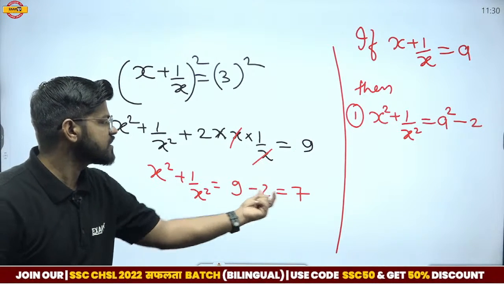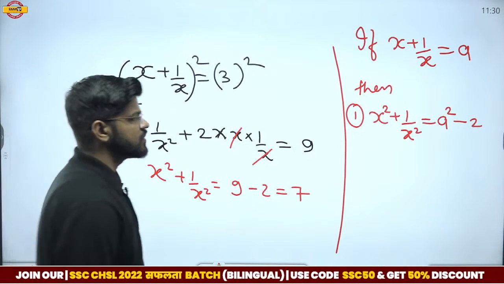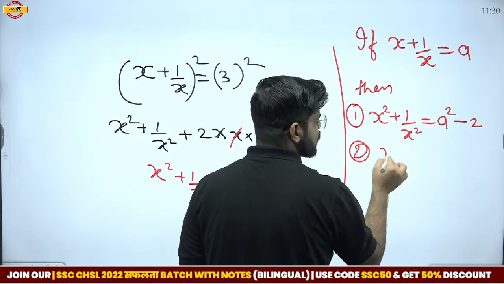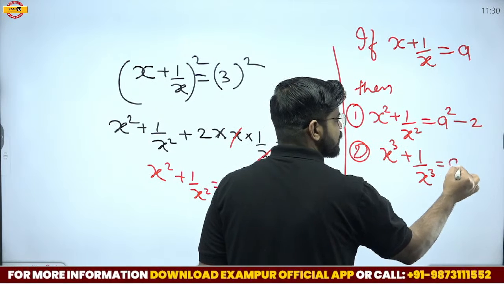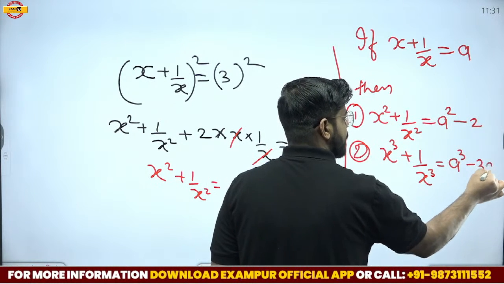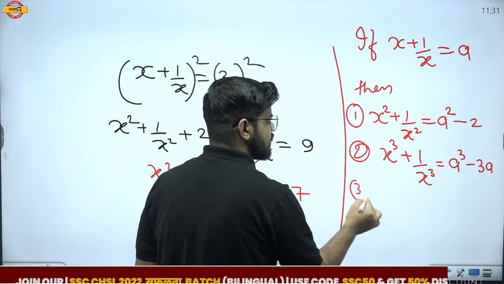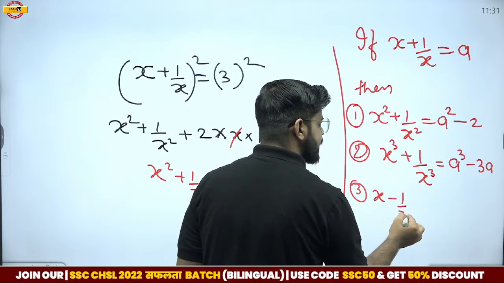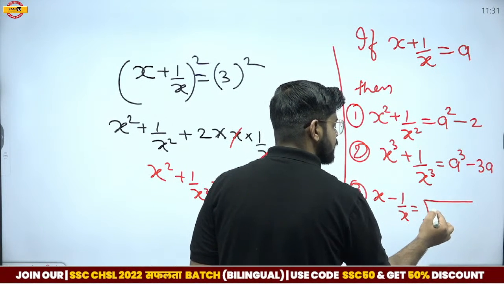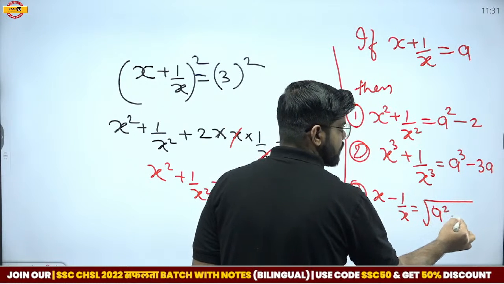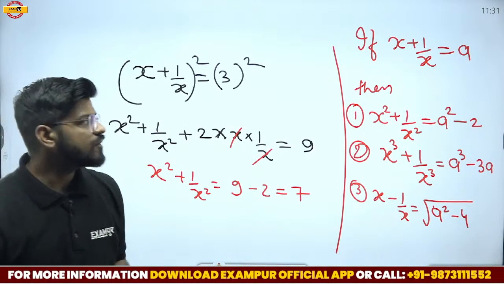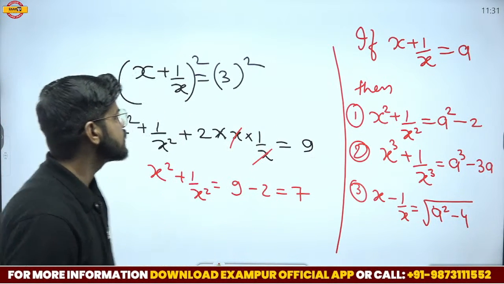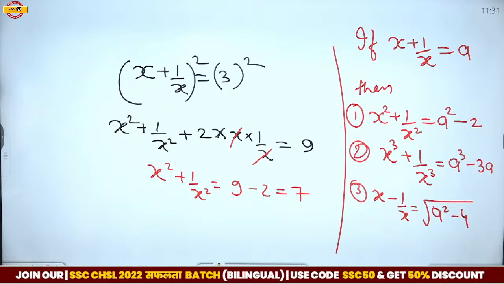Second thing, if you want to take cube, x cube plus 1 upon x cube will give you a cube minus 3a. And third thing, you can calculate x minus 1 upon x, and this will give you a square minus 4. And all these things you will get when x plus 1 upon x is equal to a is given.